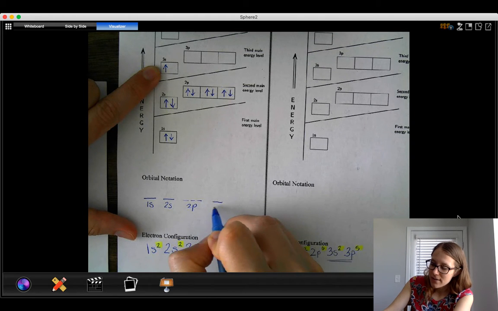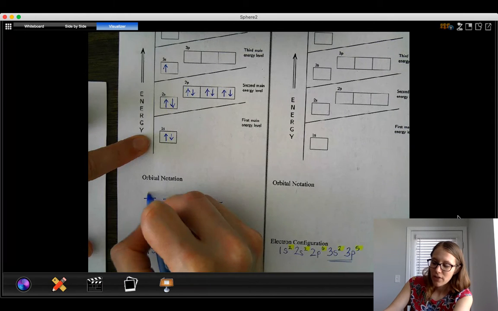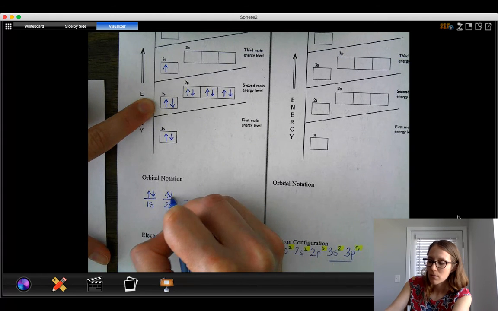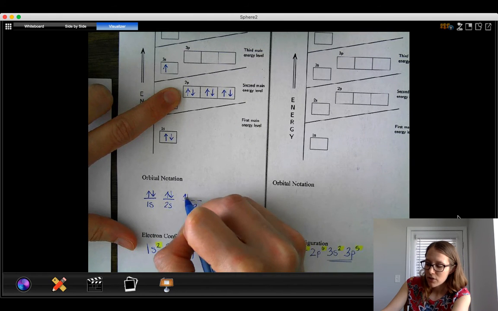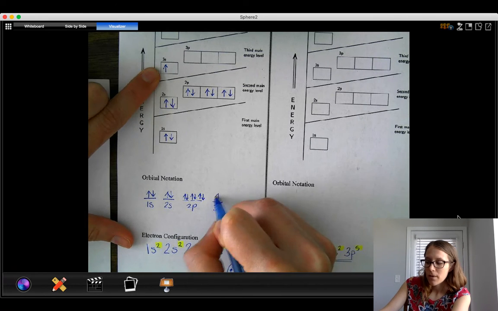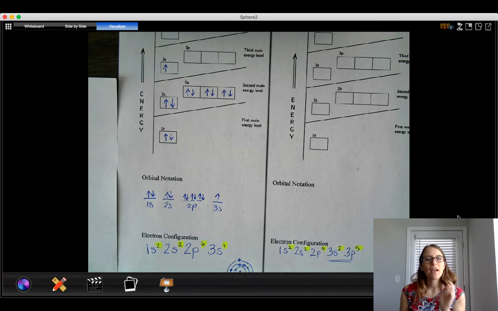And then 3s gets a line. So it's the same thing we see up here. And then I'm just going to fill in the exact same arrows. So 2 on this one, 2 on this one. These ones each have 2. And then 3s was 1. So again, orbital notation, orbital diagrams, really the same thing, except drawing them left to right versus up and down.